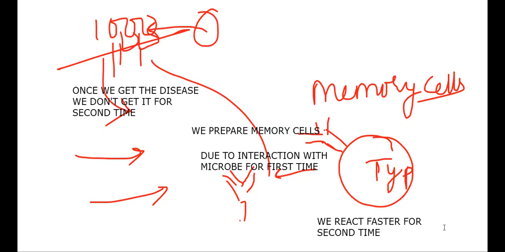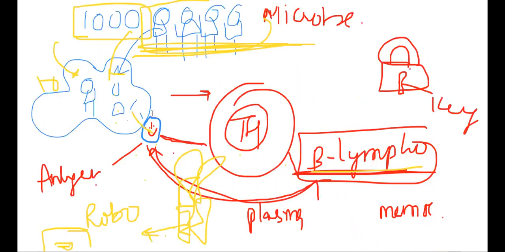In the story we told, we can change a small issue. I said 1000 entered; now we do the process with 10. In those people who are not even getting it for the first time, they react faster and their immune cells are more in number. Whatever entered inside, they are able to kill.